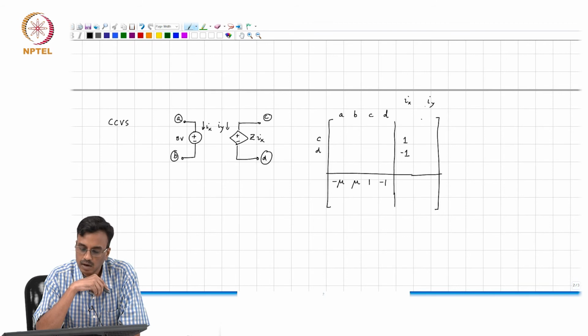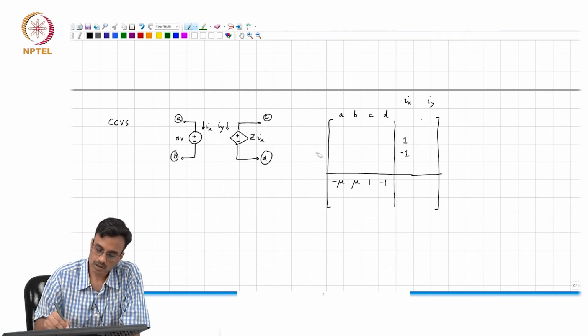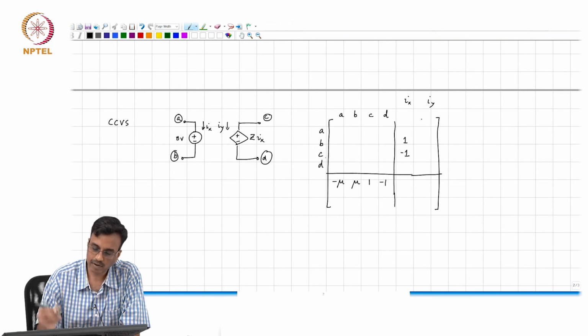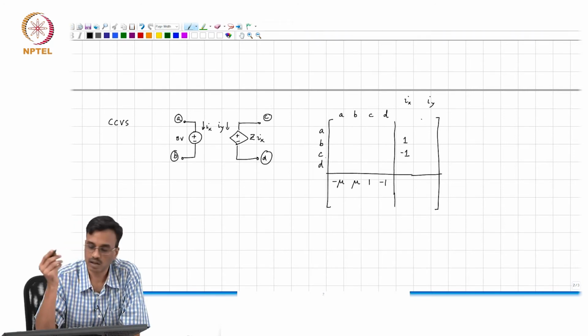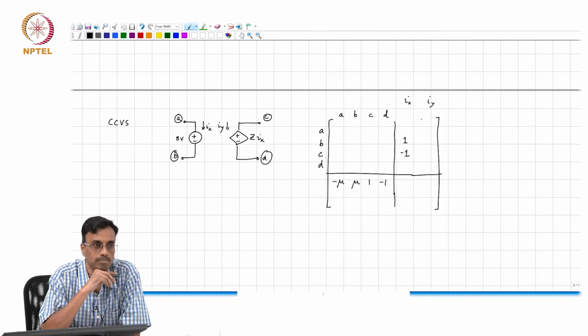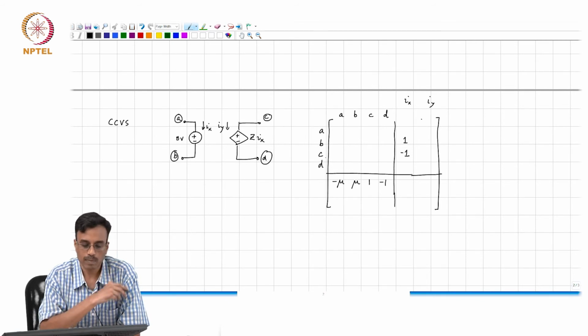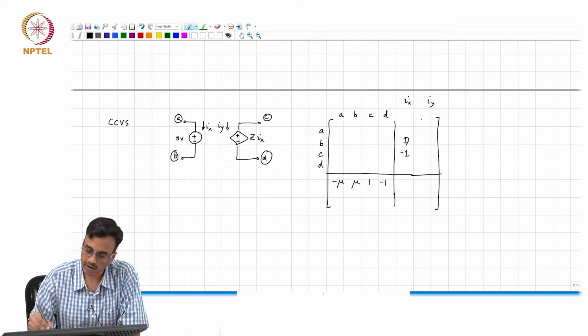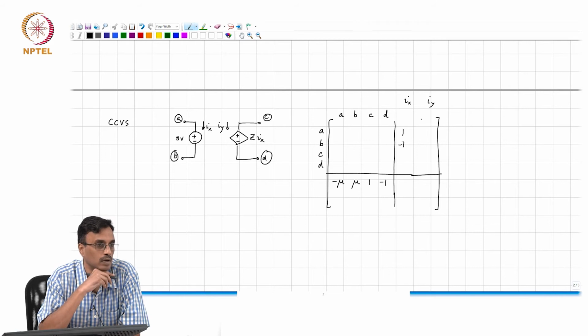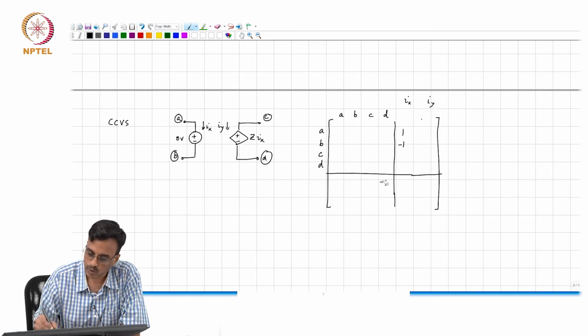So, which of the rows will you have entries in the last but one column? In A and B, so that is 1 and minus 1. All right. And what comment can we make about the last but one row?